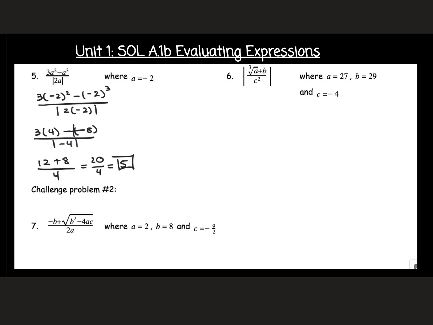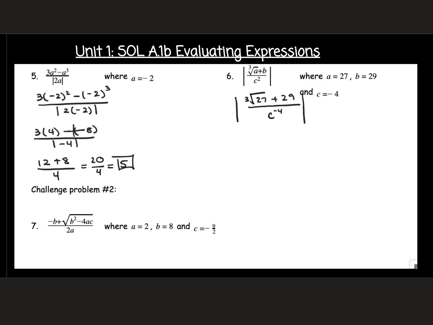All right, let's take a look at example 6. We have fraction bars within the absolute value. So I have the cube root of a plus b divided by c squared. We're going to go ahead and plug that in. So I have the cube root, A is going to be 27 plus 29 divided by c to the -4.